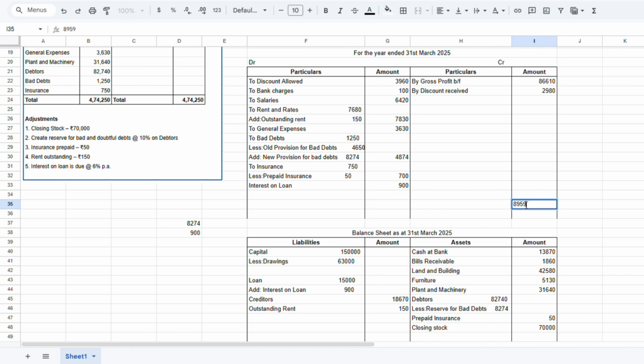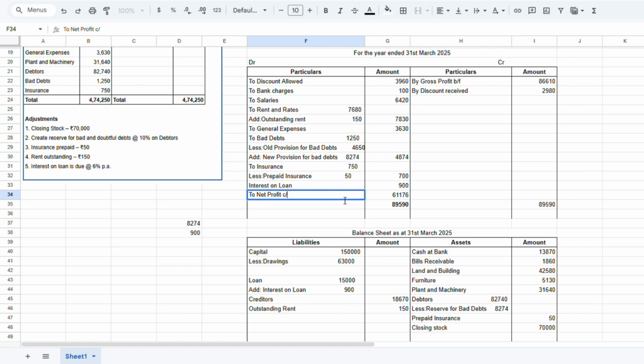Same on the debit side, 89,590. 61,176 to net profit.